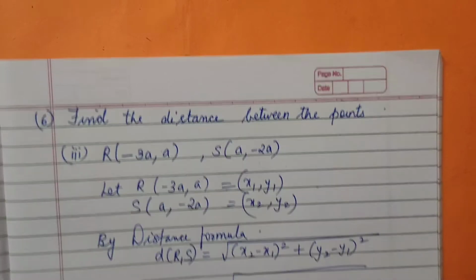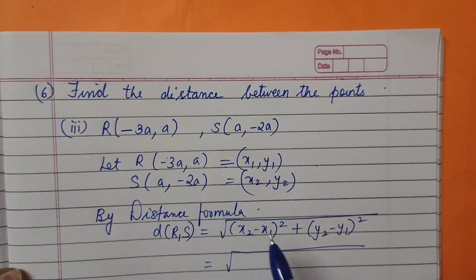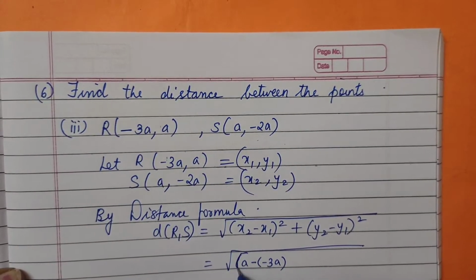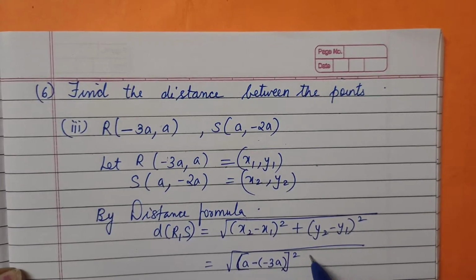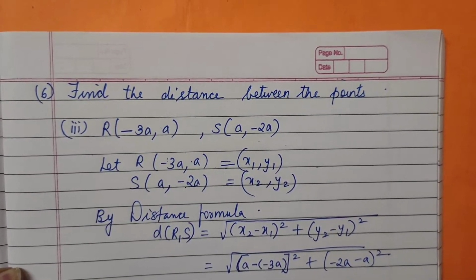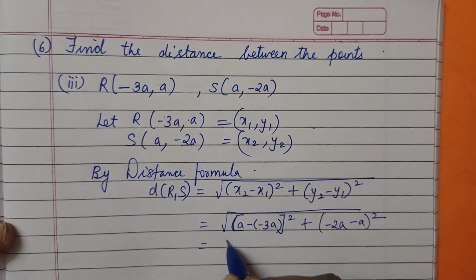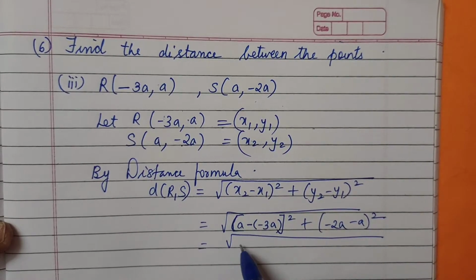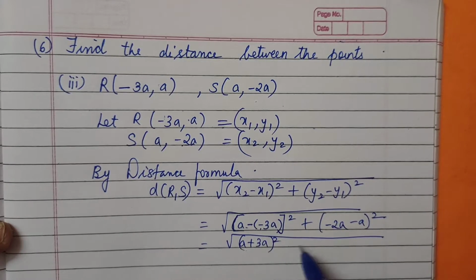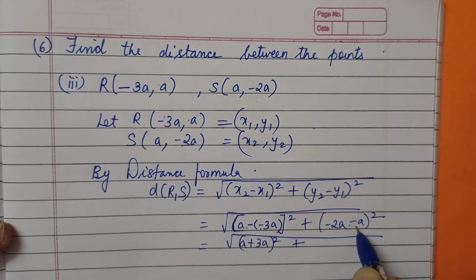Right, my dear? Yes. Now we know x2 minus x1, that means a minus of minus 3a. Okay, so we need to put this in a bracket square. Y2 minus y1, that is minus 2a minus a, the square. Right? So now a minus minus becomes plus 3a, the square, plus minus into minus plus.